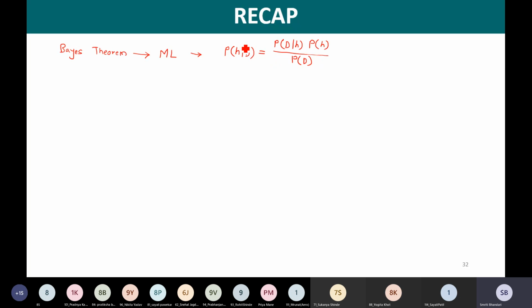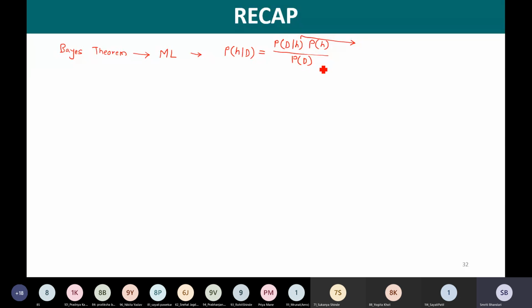wherein we are considering the probability of hypothesis H, the probability of the training data D, and two conditional probabilities. So here, as we have seen, what is this probability of D given H?